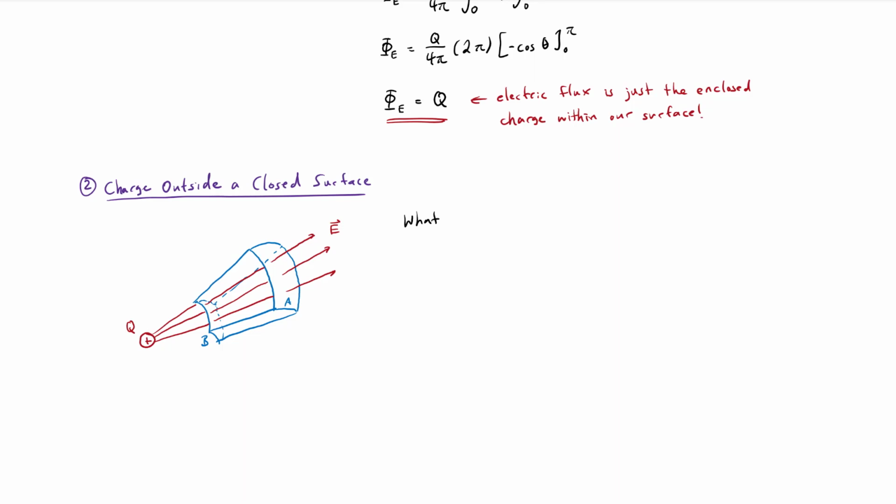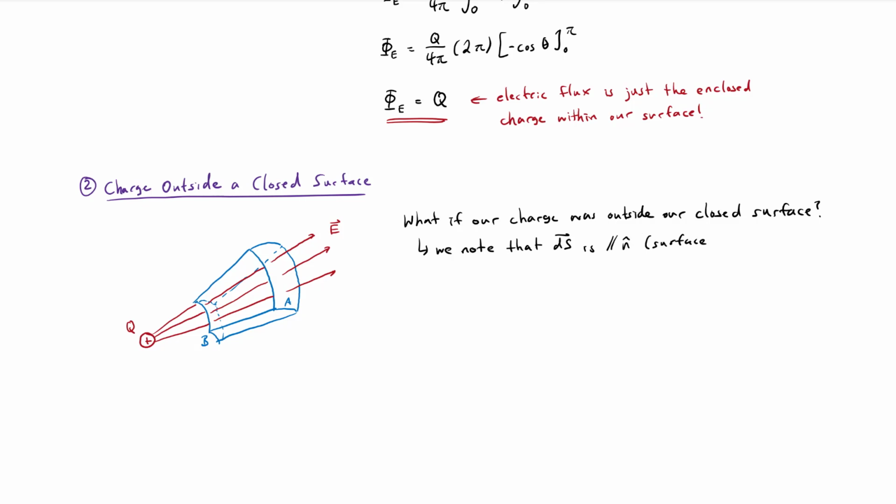So let's start writing some of what we're trying to do. What if our charge was outside our closed surface? We note that dS is going to be parallel to n, which is the surface normal vector.